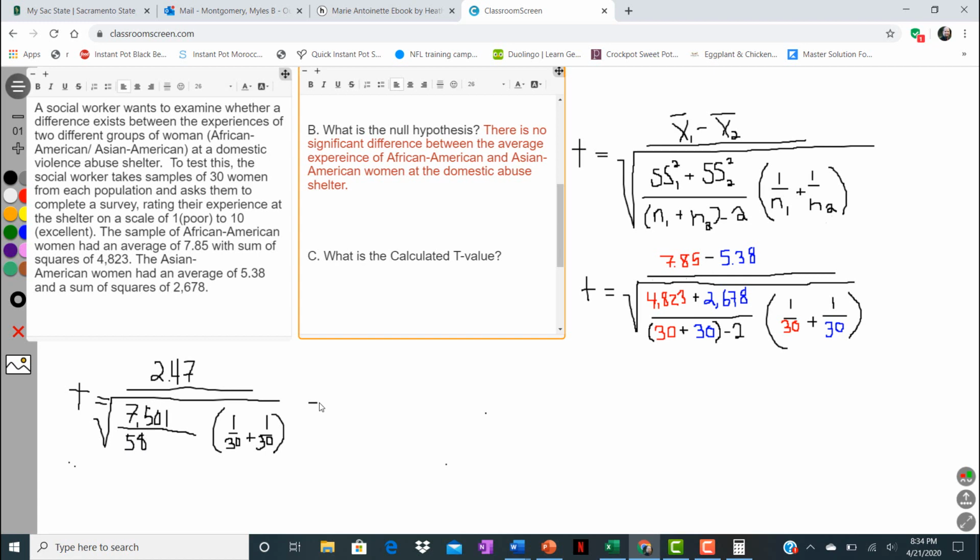And then we'll move over here and get some work done along the way. So first thing I'm going to do is move that numerator over because it's not going to change. 2.47. Okay. And we can dispatch with this one right now. 7,501 divided by 58.